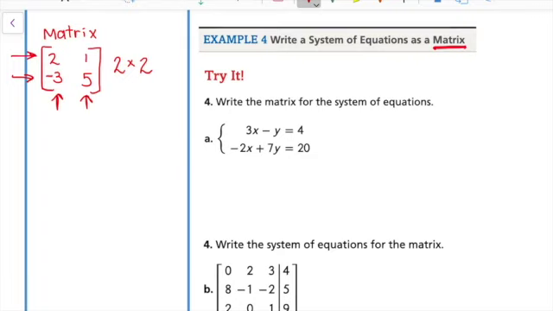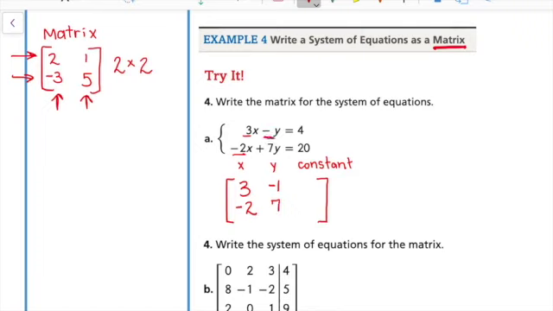Okay, so when something says write a matrix for the system of equations, you're going to put all the coefficients. This is the x column, this is the y column, and this is the constant column. So the coefficients in front of x are 3 and -2. The coefficients in front of y are -1 and 7.